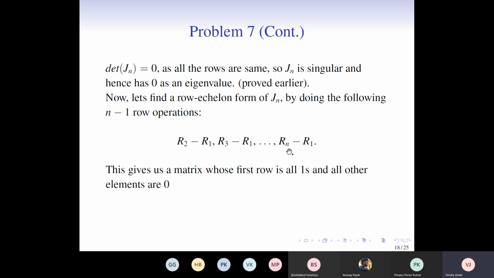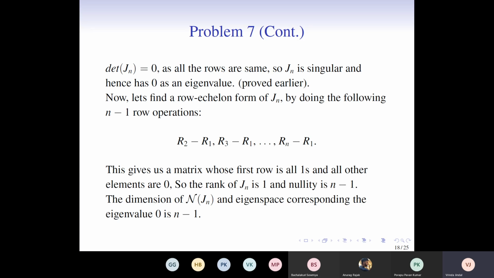Since all the rows are the same, R2, R3 up to Rn will become 0, and only R1 will remain as a row of all ones. This gives us a matrix whose first row is all ones and all other elements are 0. So the rank of J_n is 1 because we have only one pivot column, and the nullity is n minus 1, invoking the rank nullity theorem, because we know J_n is an n cross n matrix.